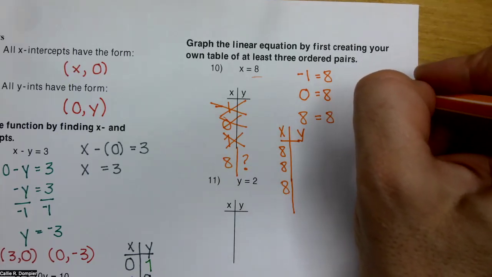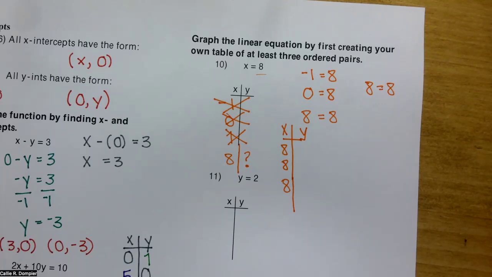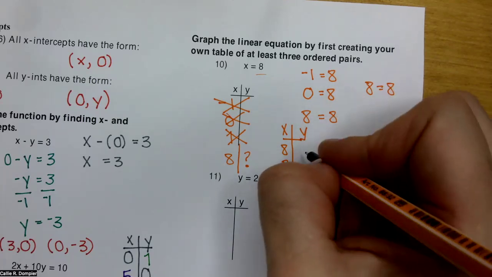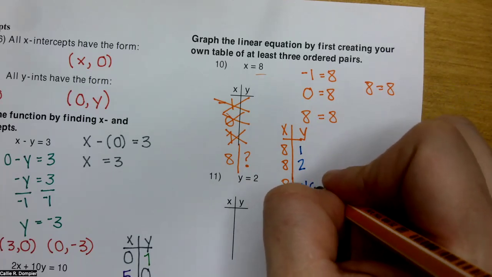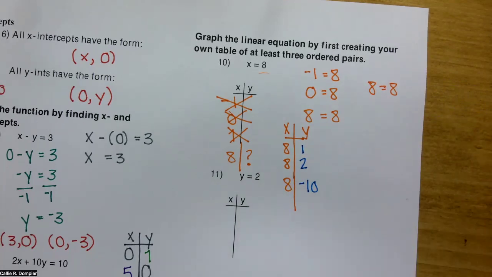Eight is equal to 8 is always true. It doesn't matter if y is 1, if y is 2, or if y is -10. X will always be 8 and it will always be true. Let's graph this to show you what we're talking about.